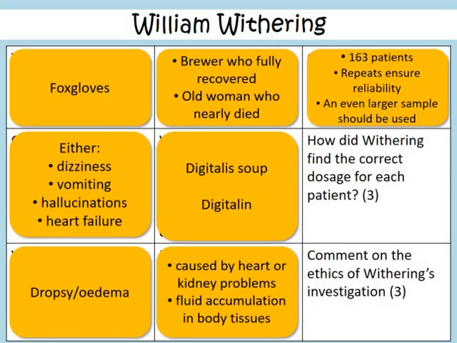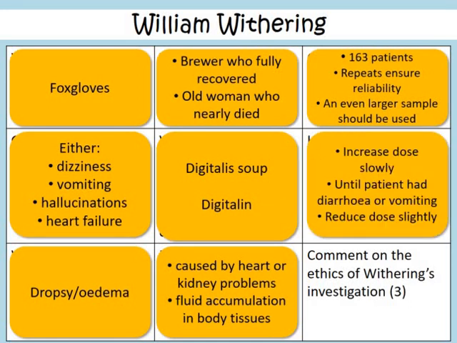He found the correct dosage of digitalin by slowly increasing the dosage of this plant extract until the patient had diarrhea or vomiting, showing they were having side effects from taking it, and then they reduced the dose slightly so that they weren't experiencing the side effects anymore, and this is how he came up with his effective dose of digitalin for his patients.